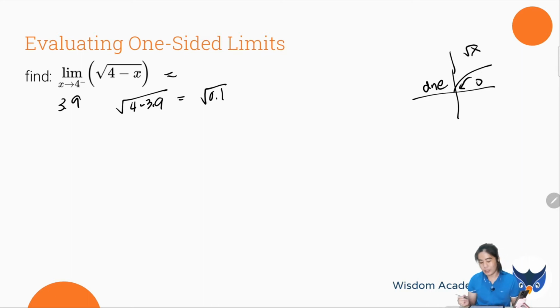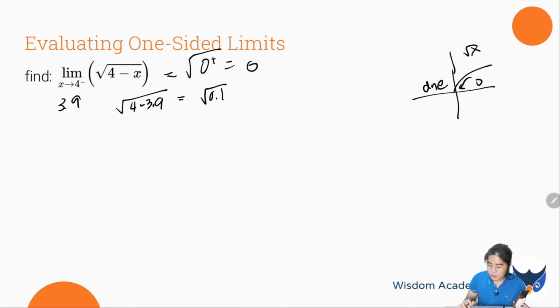So, 0.1 is greater than 0 pero near 0. So, we will denote it as 0 plus. Ibig sabihin, malapit siya sa 0. Greater than 0 siya pero malapit siya sa 0. So, since 0 plus siya, square root of 0 plus will be equal to 0.